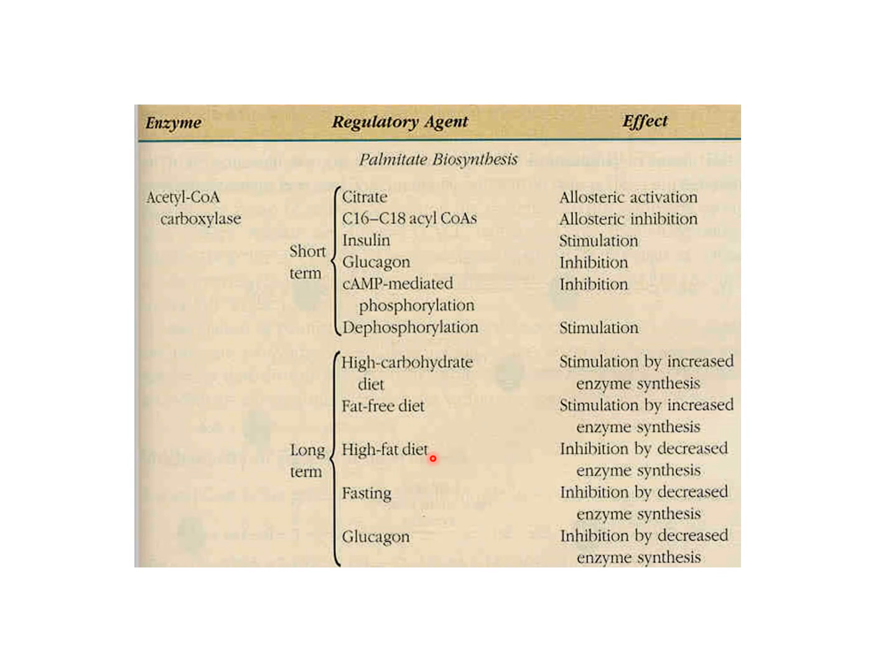What if we are on a high-fat diet? Then we will decrease the availability of the enzyme because enough fat is coming in, so why on earth should we synthesize it? Fasting also decreases enzyme synthesis because if we fast, we should not synthesize fatty acids, we actually use fatty acids for energy.